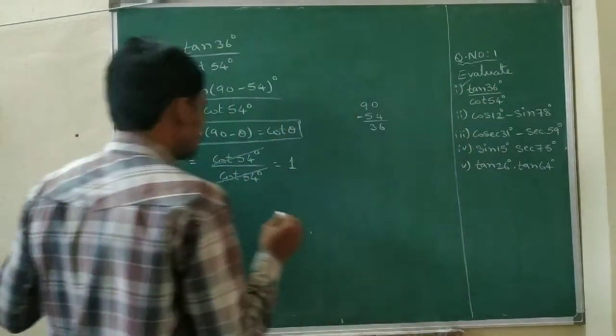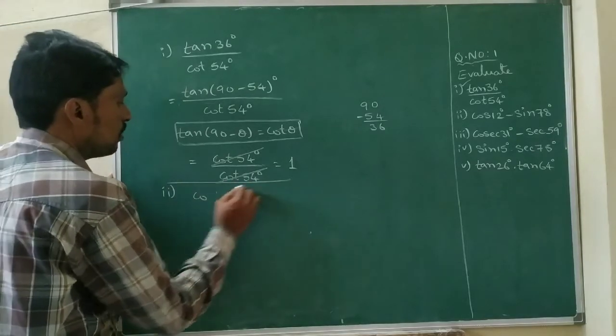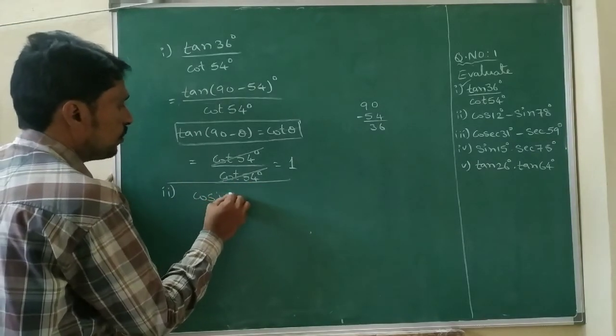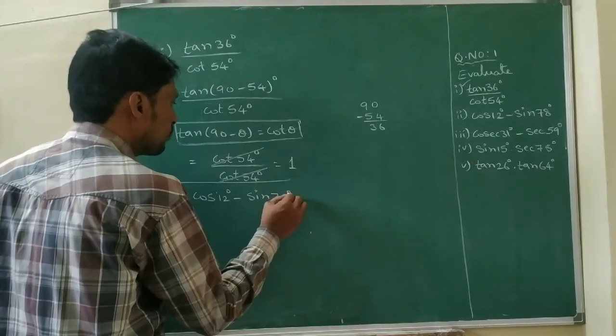Now the second one: cos 12 degrees minus sin 78 degrees.